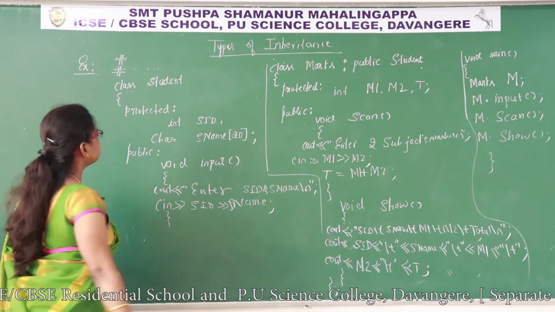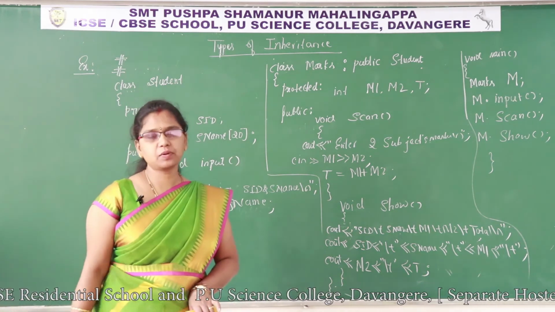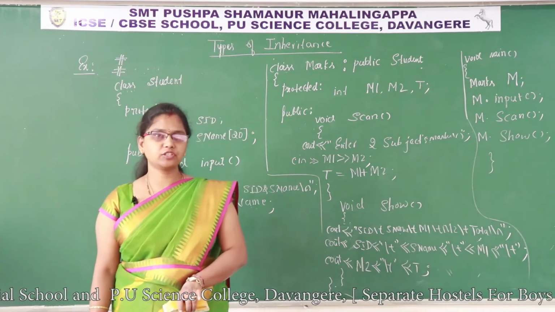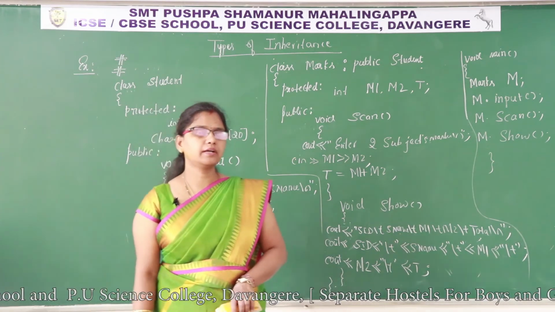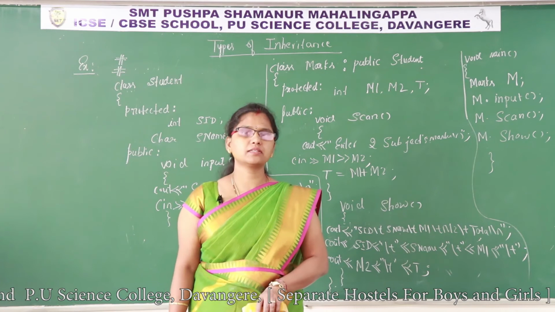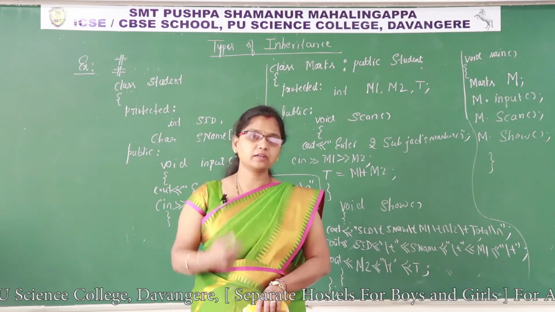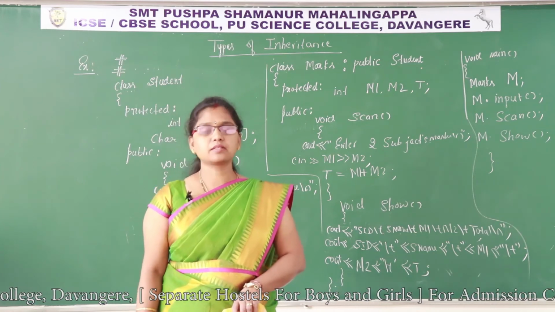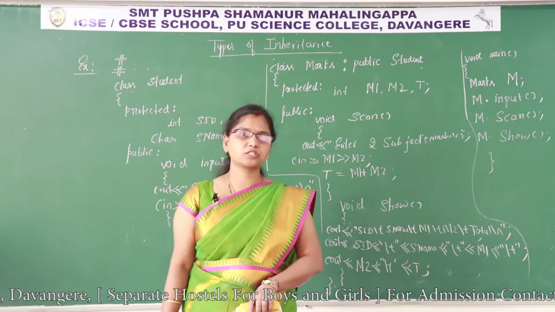The program is like this. Write a C++ program to read and display the student informations. The program must contain one base class and one derived class. The base class must be student. It contains 2 data members, that is SID and SNAME. And the derived class is marks, which is derived from the base class student.